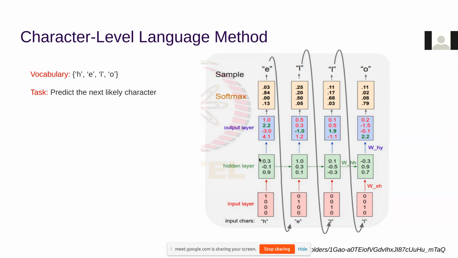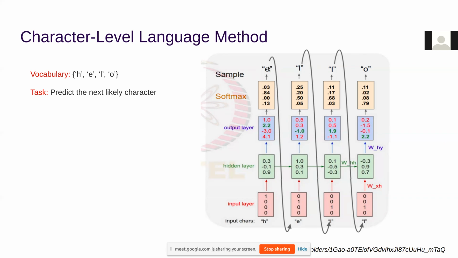We multiply it with V and get the output, that is V times h_t. Suppose we get 1.0, 2.2, minus 3.0 and 4.2. Once you apply the softmax, the maximum probability is for the last element in this vector, which corresponds to the letter O. So the predicted character is that.